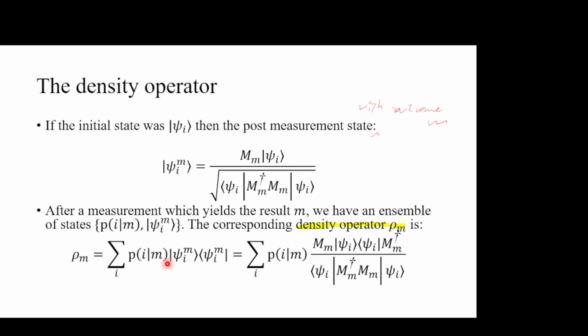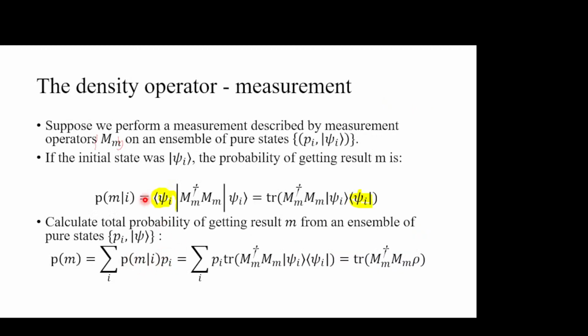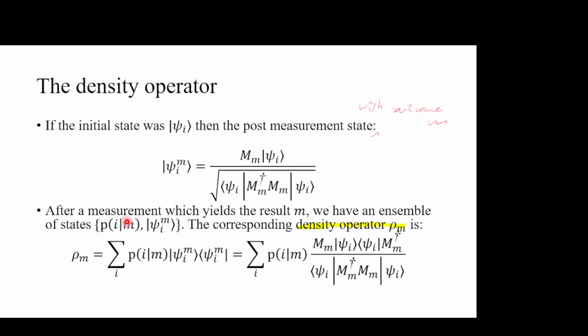This p_m is not the same as p_i, because p_{m|i} is different for each i. So you have the probability of input being i, conditioned on the outcome being m. Here we are also writing this as a definition: the summation of the probability of the post-measurement outcome being i, and then the projector onto the post-measurement state psi_mi.